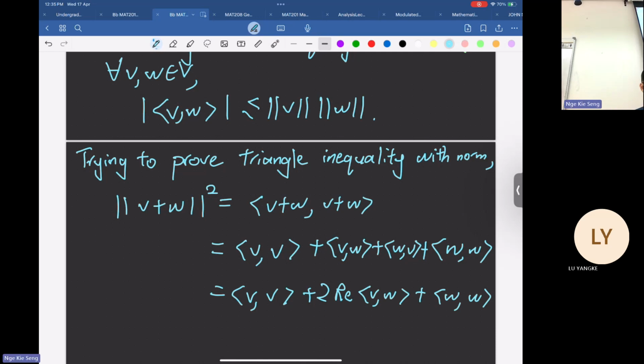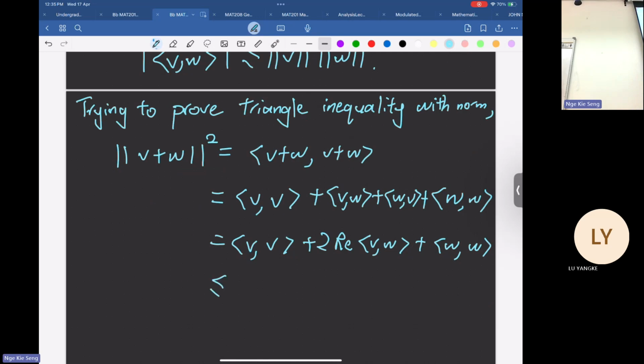So this thing is less than or equal to the norm of v squared plus the norm of w squared plus 2 times the norm of v times the norm of w, because you throw away the imaginary part, which might have a contribution.